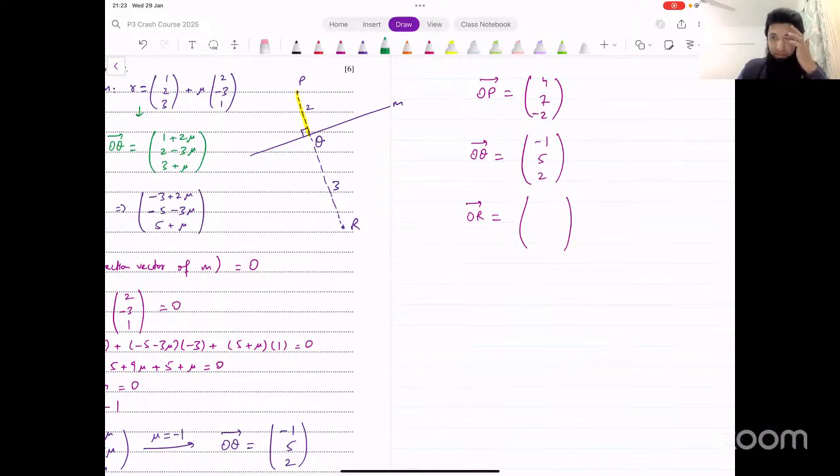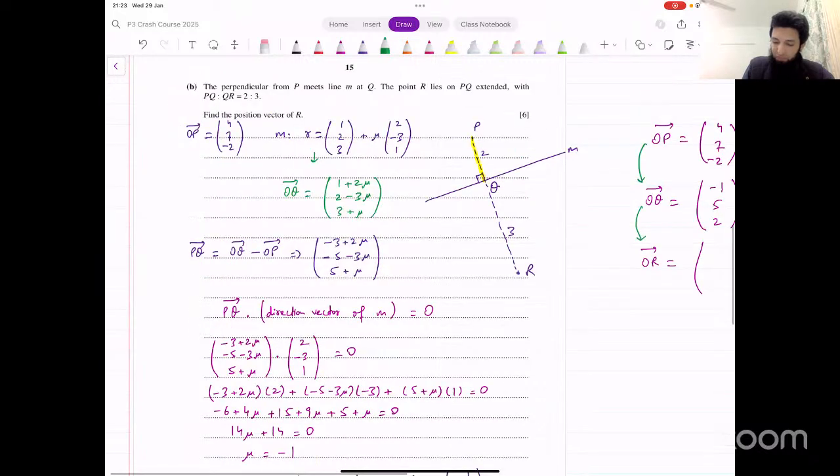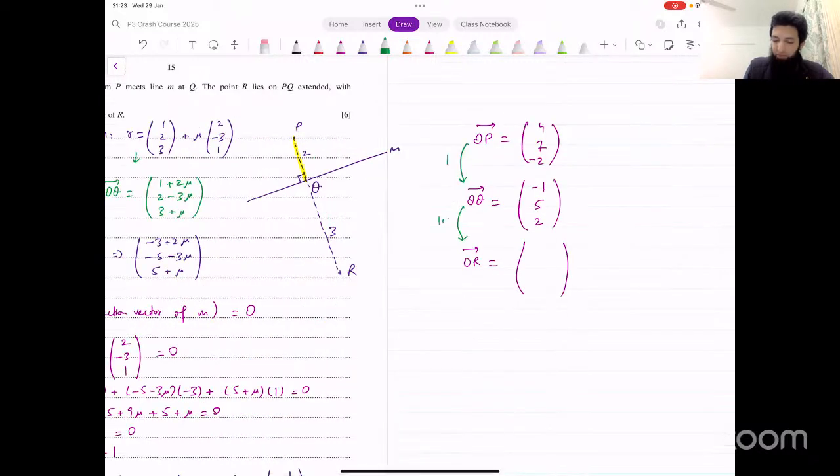The ratio is whatever is the number of units you're going from in order to go from P to Q. If that is 2, then you should be going 3 more to reach point R. That's the ratio. Or in other words, 2:3 is the same thing as saying, if this was 1, this should be 1.5, right? 2:3, that's the same thing as 1:1.5.